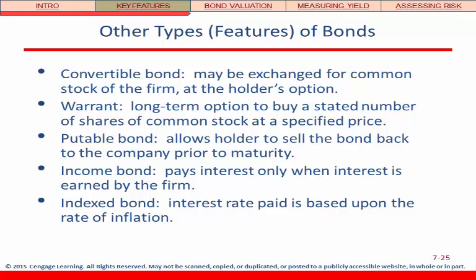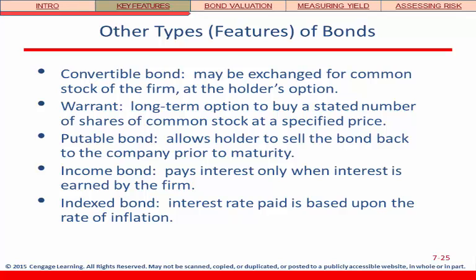And since these are another option, they're going to have a similar effect in that bonds issued with warrants, just like with convertibles, are going to carry lower coupon rates. Puttable bonds have a provision that allows investors to sell them back to the company prior to maturity at a prearranged price. In other words, if interest rates rise, investors are going to put the bonds back to the company and reinvest in higher coupon bonds.